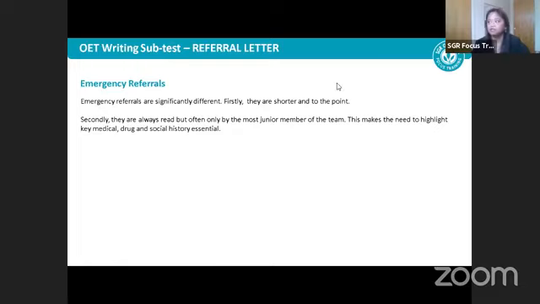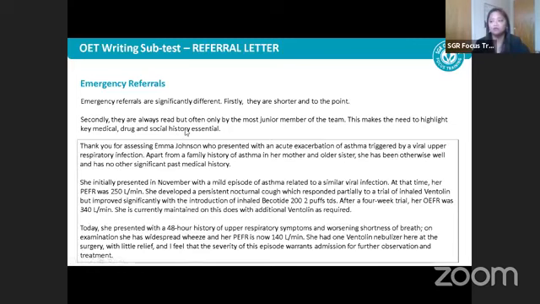This makes it particularly important that you highlight key medical information, key medication and drugs that were given to the patient, and also their social history will be essential in here as well, so that the emergency team has a good understanding of who your patient is and how they can look after them. So in this instance, we've got Emma Johnson, who has exacerbated asthma.